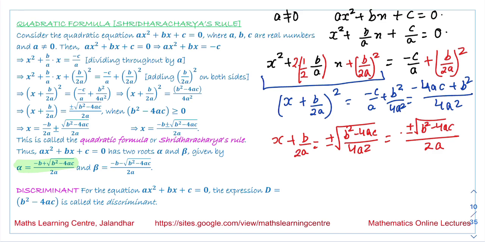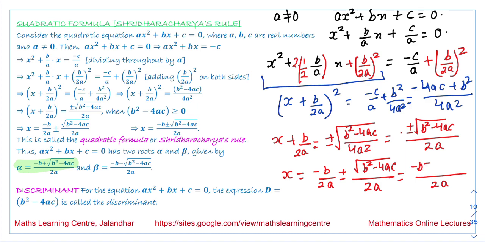So the value of x we have is minus b by 2a plus minus square root of b square minus 4ac by 2a. 2a is in the denominator, so the LCM is 2a, and this value is minus b plus minus square root of b square minus 4ac. So the value of x is equal to minus b plus minus square root of b square minus 4ac, all by 2a.